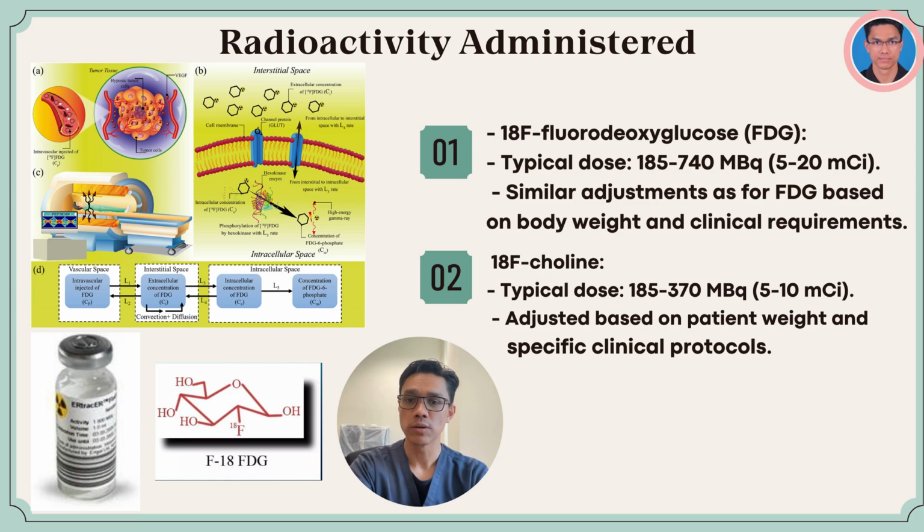The exact dose can depend on factors such as body weight or patient size, the specific PET CT scanner being used, and also the diagnostic requirements. Accurate dosing is crucial for obtaining high quality images and ensuring patient safety.